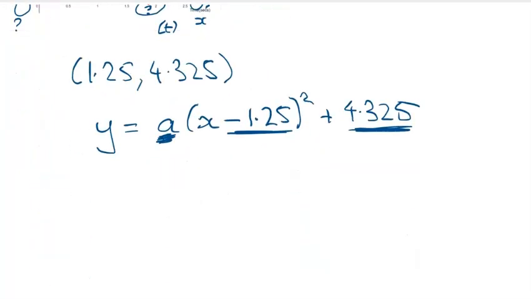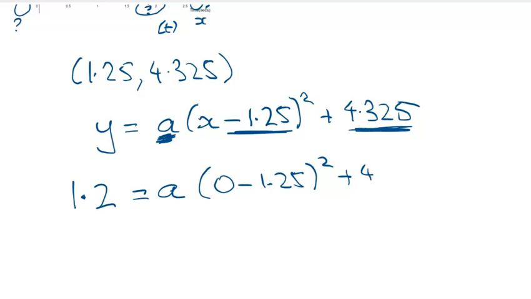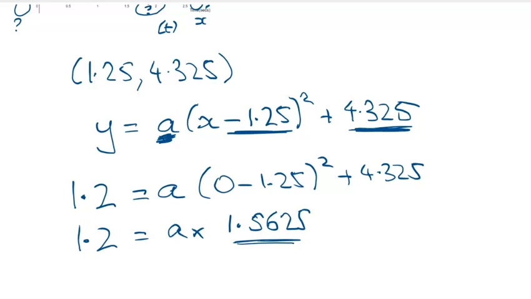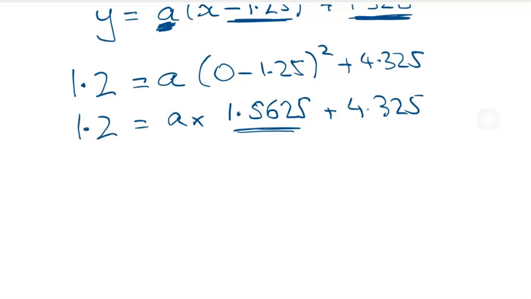So substituting in, it looks gross, but we get some quite nice numbers in the end. We get 1.2 is equal to a times 0 minus 1.25 squared plus 4.325. Cleaning that up, I get 1.2 is equal to a times 1.5625. Don't round that number.